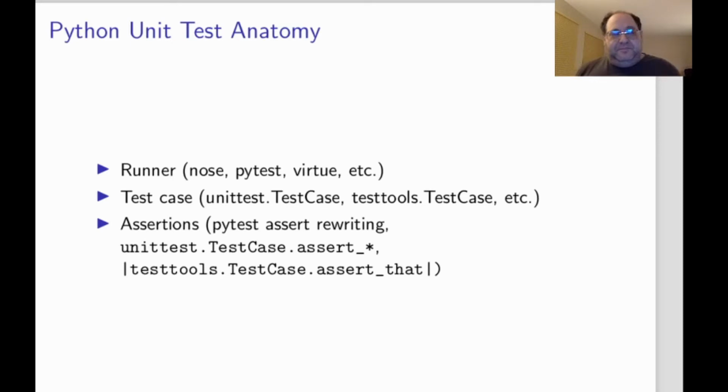Then there's testtools' test case, which has assert that, which is a little bit more flexible. And these are all the things you need. You need a way to run them, you need a way to write the unit test, and you need a way inside the unit test to say what you expect to be true.